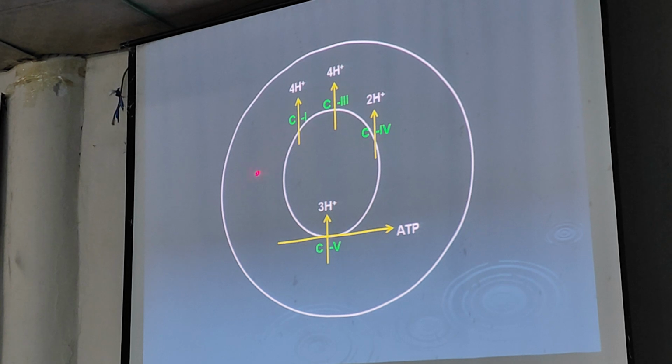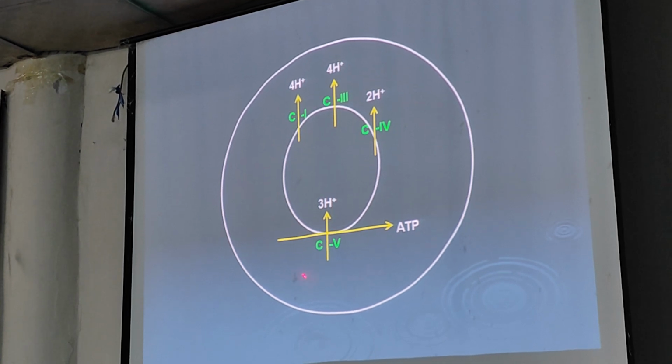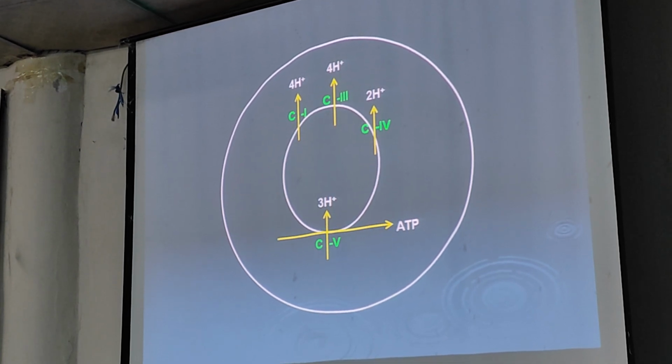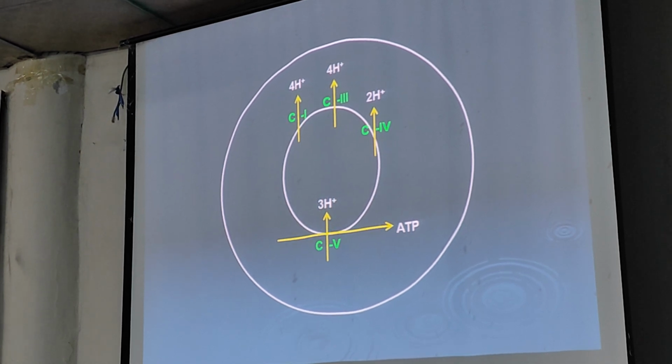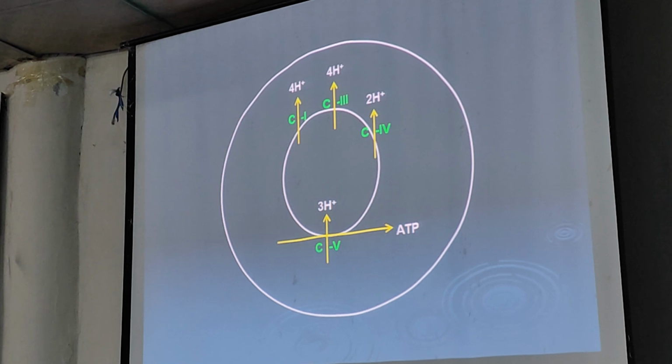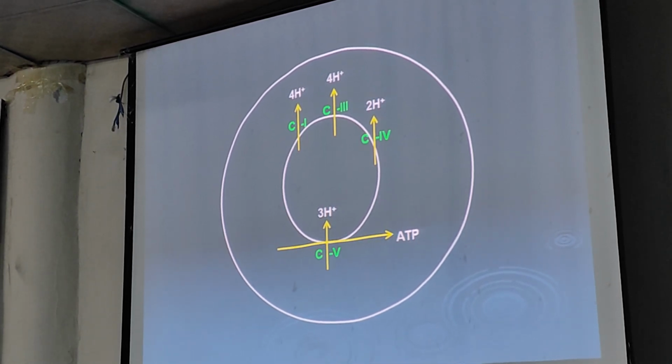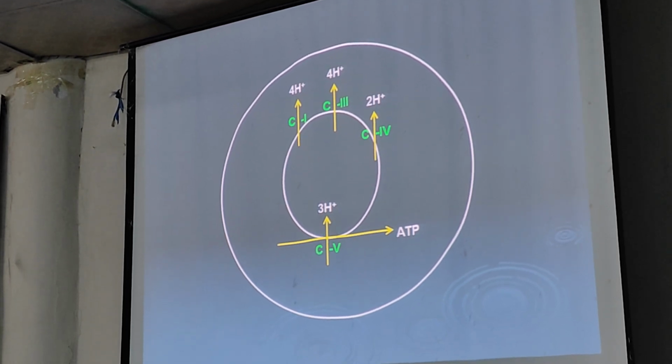This is the mitochondrial matrix. This is the intermembrane space. So forget all the detailed mechanism. You just simply remember, in all 3 complexes of the respiratory chain, there is release of energy, and this energy is utilized to pump out protons from the mitochondrial matrix to the intermembrane space.